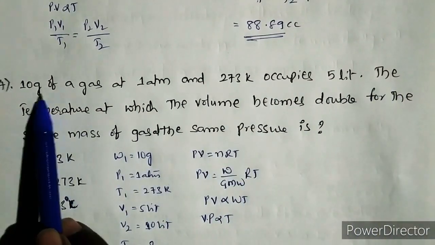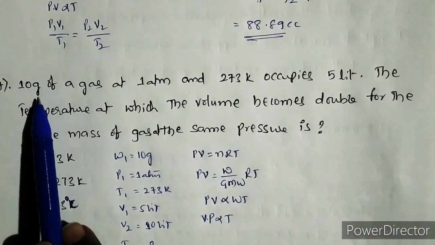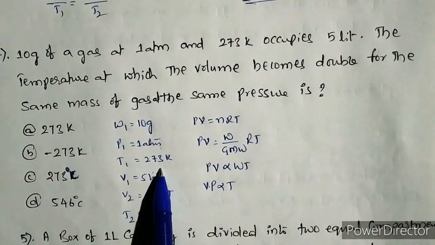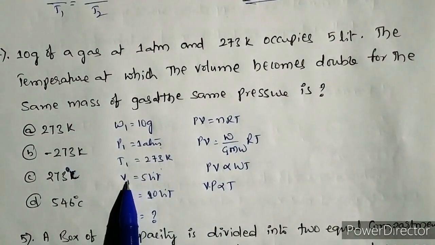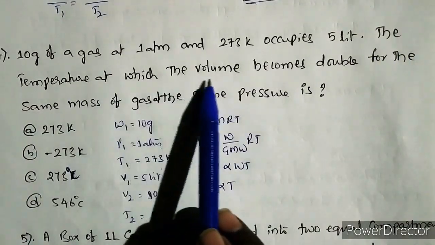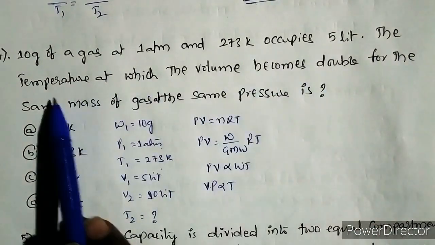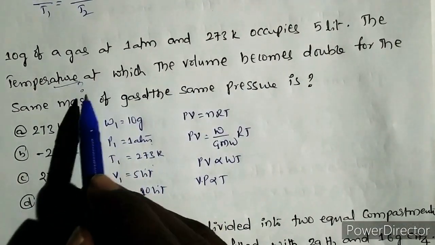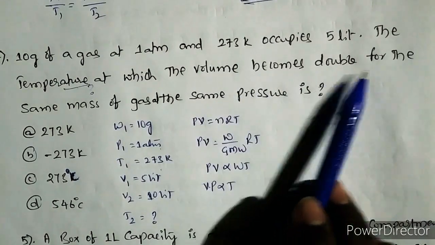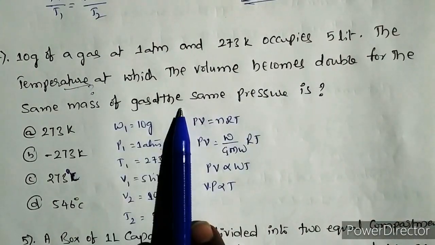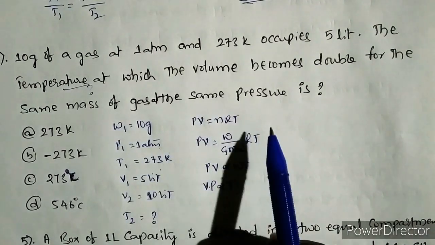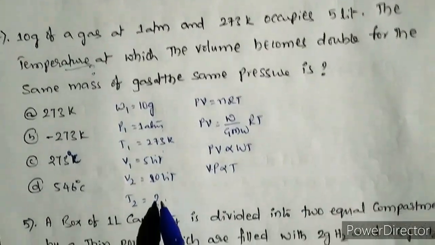The temperature at which the volume becomes double for the same mass of the gas at same pressure. That means you have to find the temperature. Same pressure, same mass is given. You have to find the final temperature.